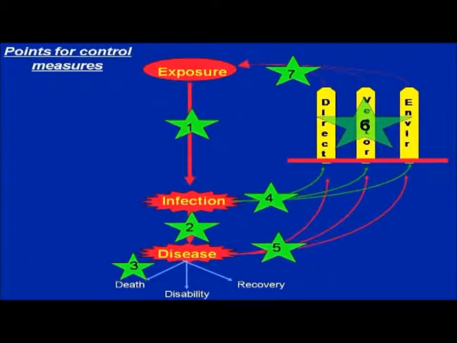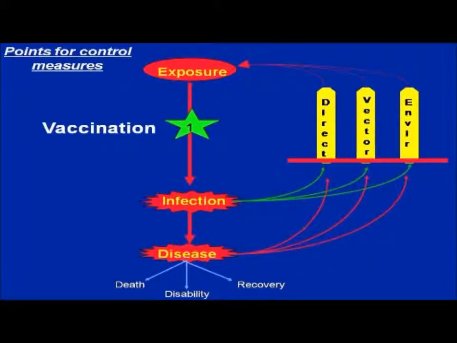How do you think of disease prevention? Field epidemiologists think about where we should cut. So this is the way of thinking in epidemiology. There are several pathways that the pathogen could affect the host: direct pathway, through the vector, or through the environment.